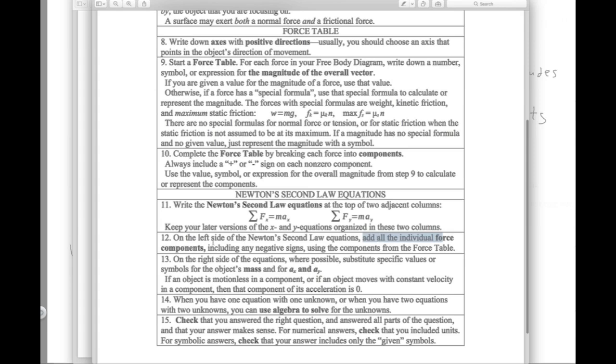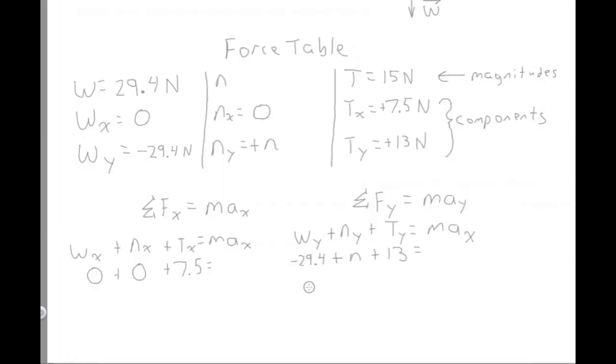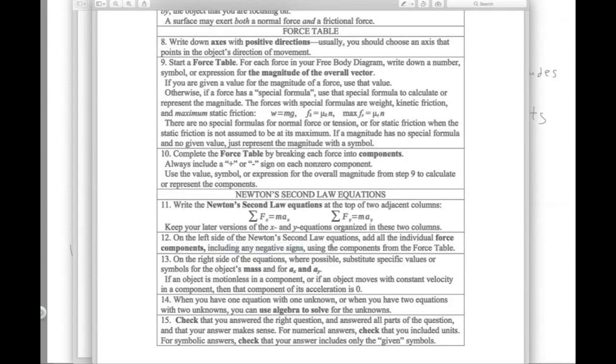So we're adding the force components, but some of the numbers we're adding include negative signs. Here's a number that we're adding, but it includes its negative sign. And of course, we got all those components from the force table. That's the reason why you have to do a good job on the force table before you can move on to the Newton's second law equations.